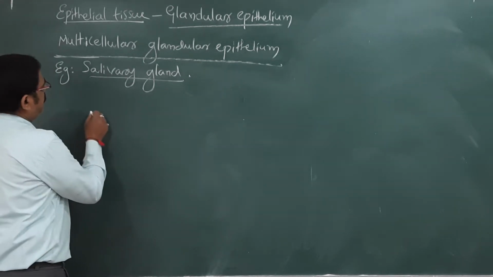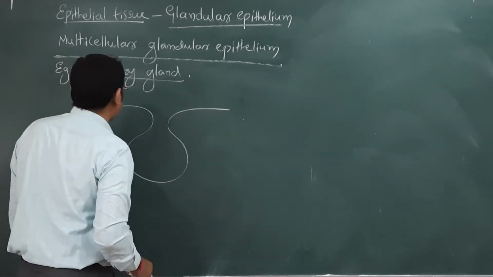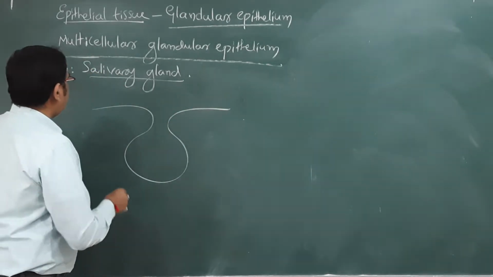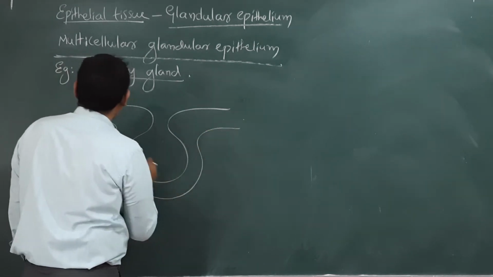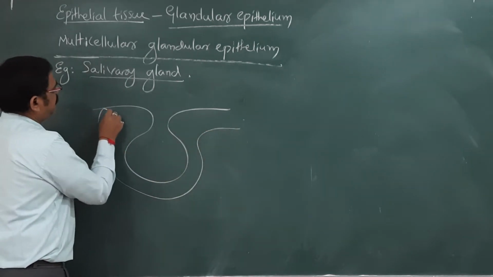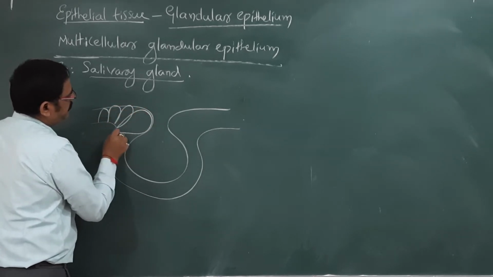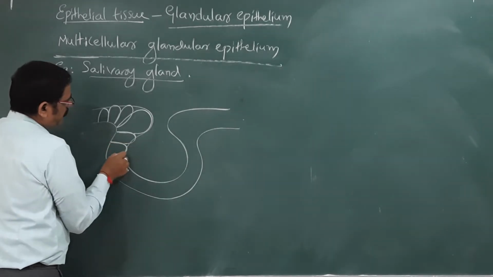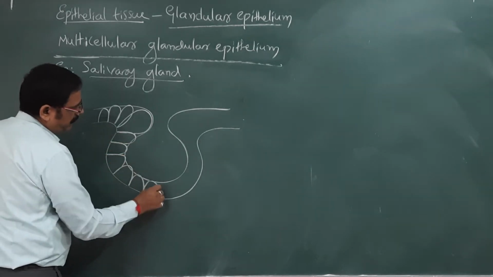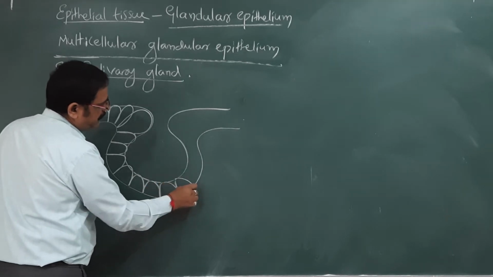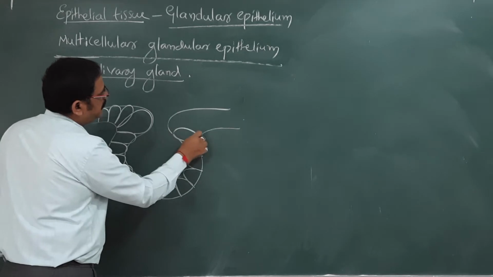Looking into the structure, let me tell you how it appears. It looks like this. It is a single salivary gland I am just drawing. The salivary gland appears like this, and these are the complex of cells you are observing here. These are all secretory cells, and all of them rest on a common basement membrane.